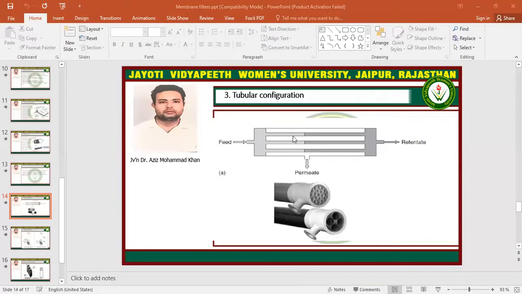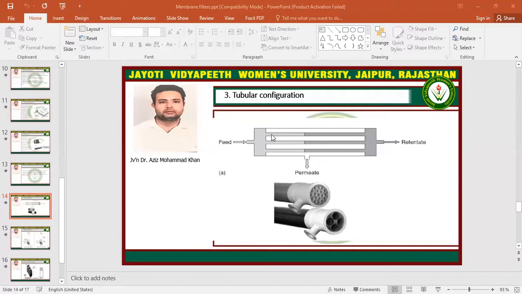Here there are different tubes, and you can find them also here and here. These tubes contain the membrane filters. The feed will pass through here and enter all these tubes.